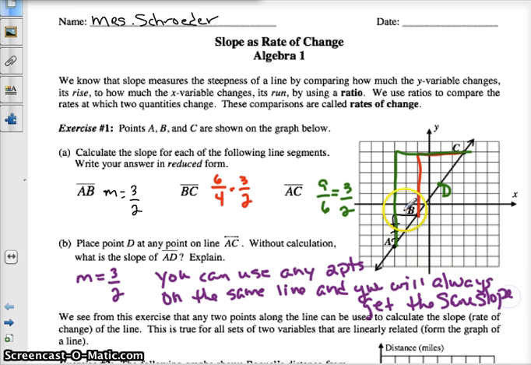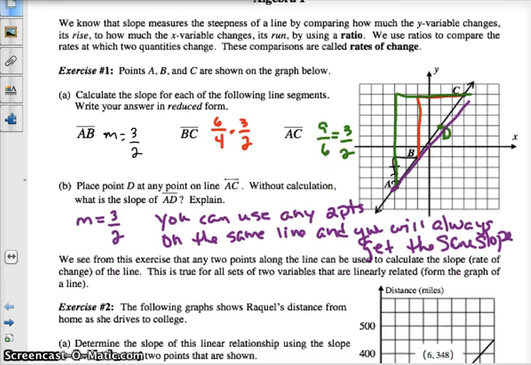And this is because this is a linear relationship where the rate of change is constant, okay? Constant rate of change, which is the same as saying constant slope, the same slope.